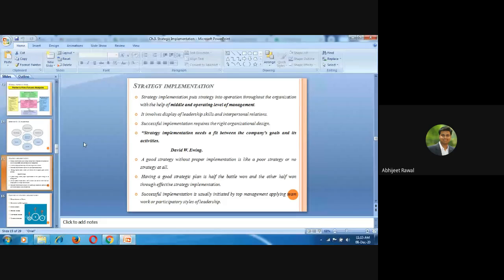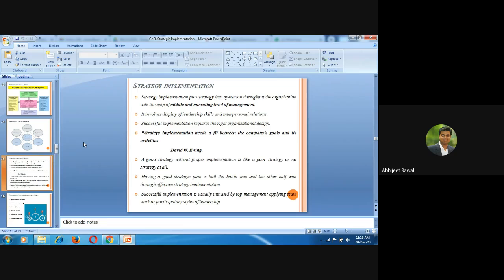Strategic implementation. When we began the subject, it began with how the organization should run, what kind of business we should do, what our product and services will be, and whom we should target.